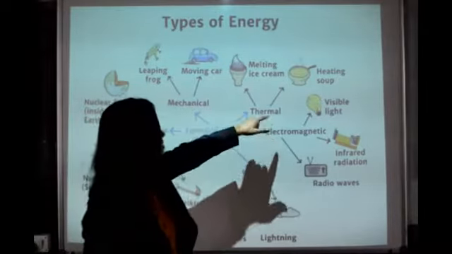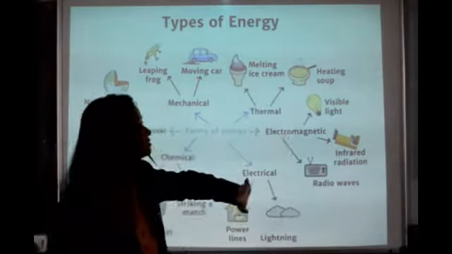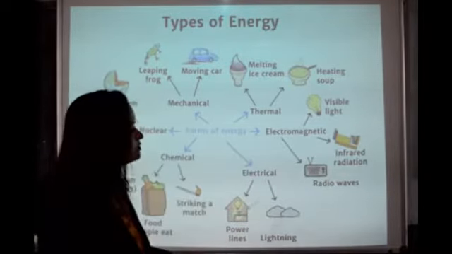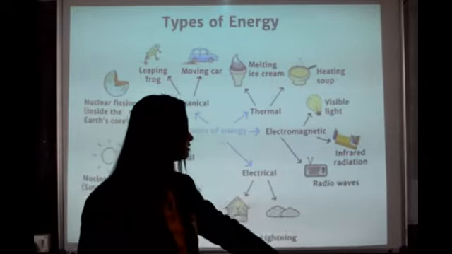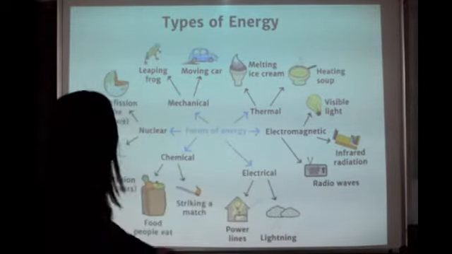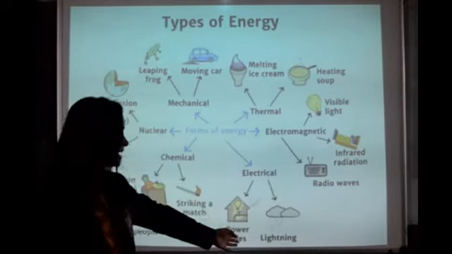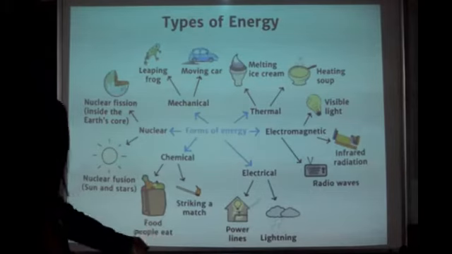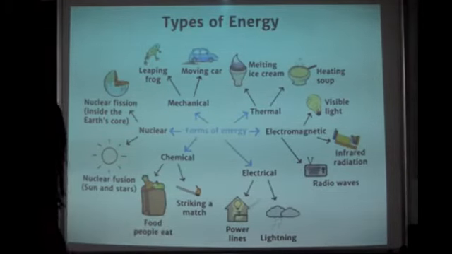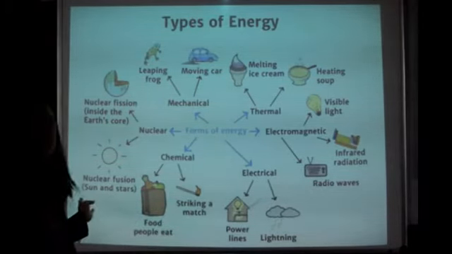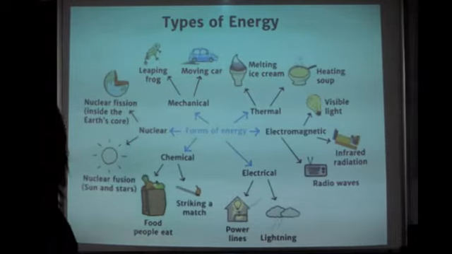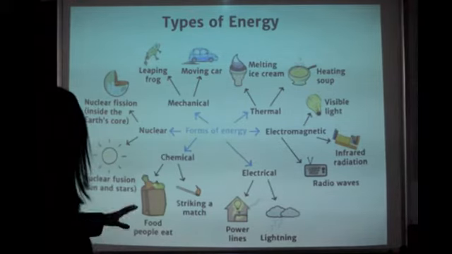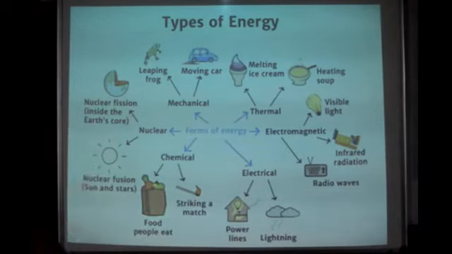For heat energy you have melting ice cream, heating soup. For electromagnetic you have the lights, the bulb that glows, the infrared radiation, the radio waves, and the electrical you have power lines, lightning. Then chemical you have food people eat, striking a match. Then nuclear you have nuclear fusion, sun and stars. You have nuclear fission. Fusion means, okay, we'll get into that later. As of now, just see the examples, okay?